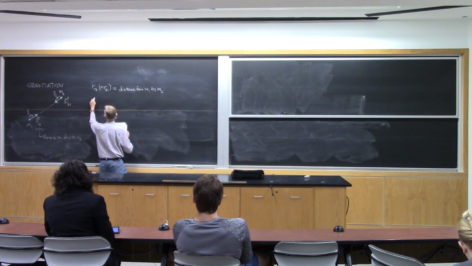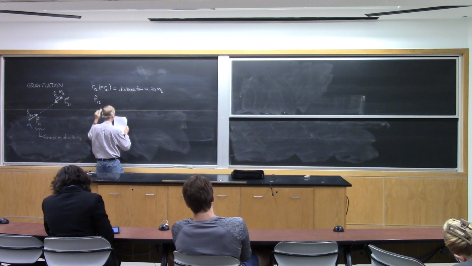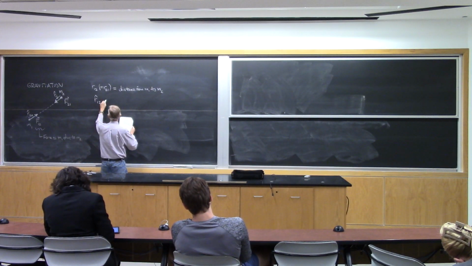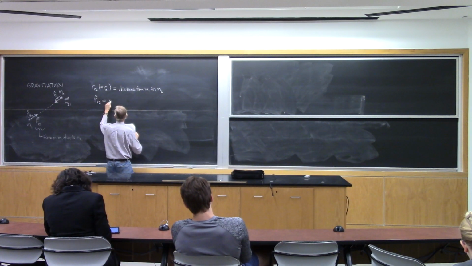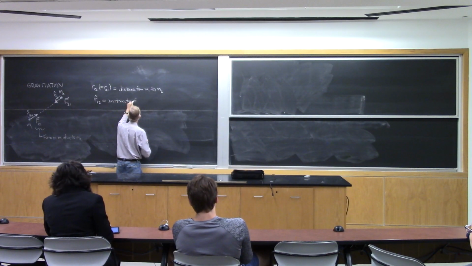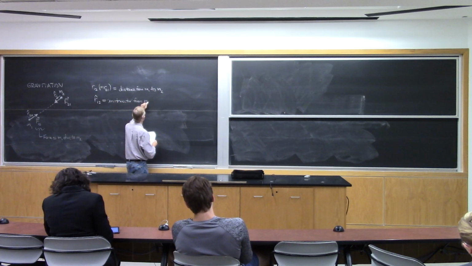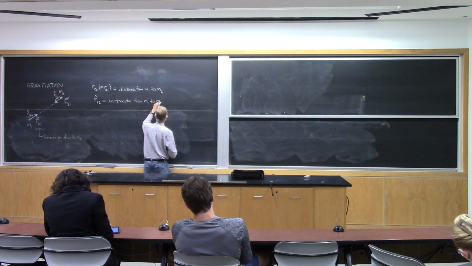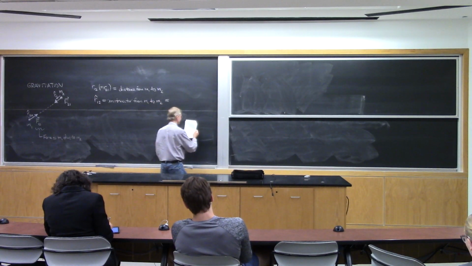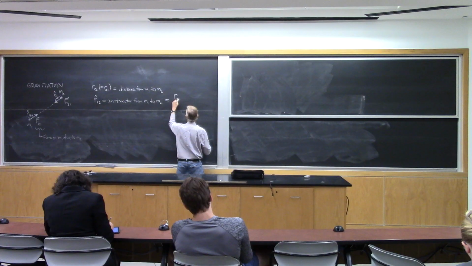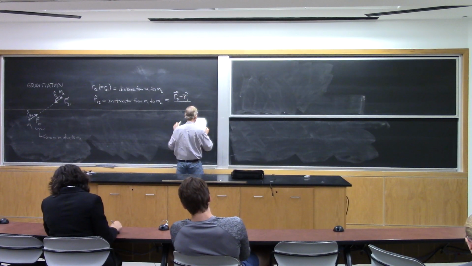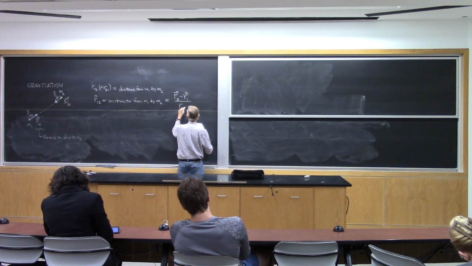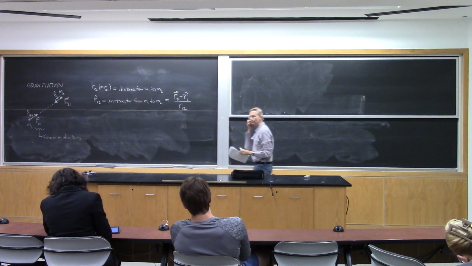R hat 1,2 is the unit vector from M1 to M2, and that will be equal to R2 minus R1 divided by R12.